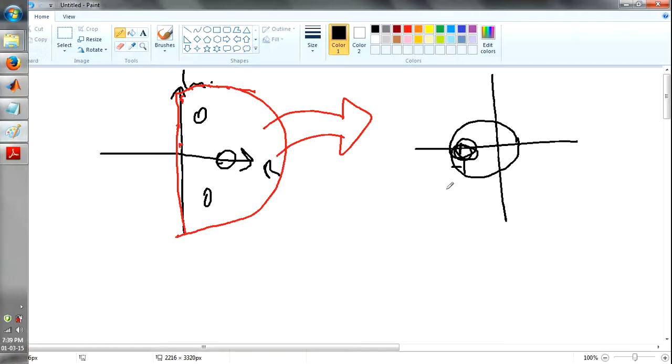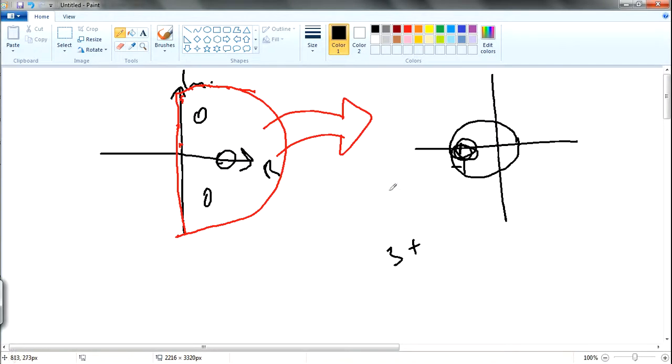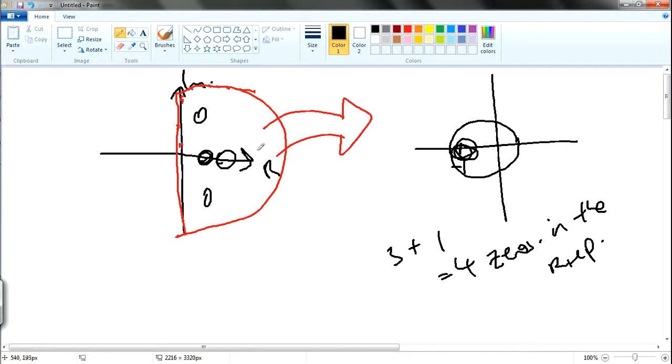If I circulate 3 times, and for my transfer function I see 1 pole, therefore I have 4 zeros in the right half plane. So if I have 4 zeros over here, I will have 3 encirclements.